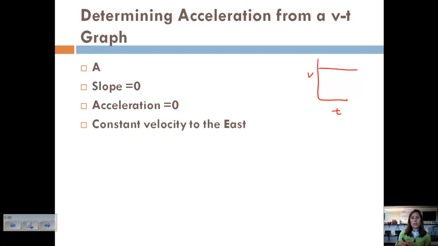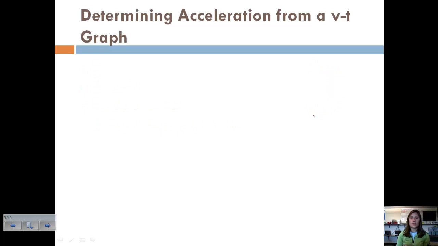Just like on a position-time graph where the slope was velocity, here the slope is acceleration. We could also say that it has a constant velocity, since whatever this value is, the line is constant, or the slope is constant. If we say that this is the positive velocity, and anything below the x-axis is negative velocity, usually we say positive velocity is in the easterly direction, so we would say that this is constant to the east.